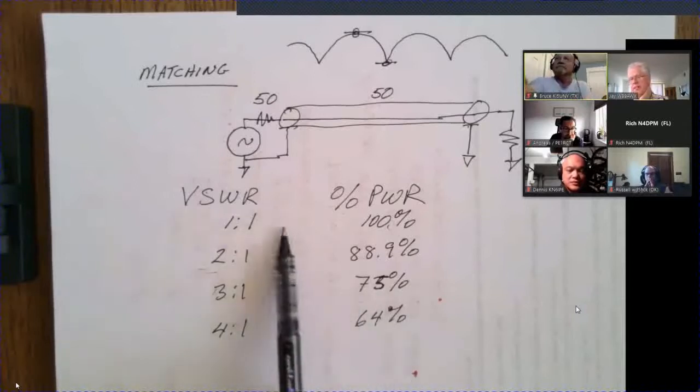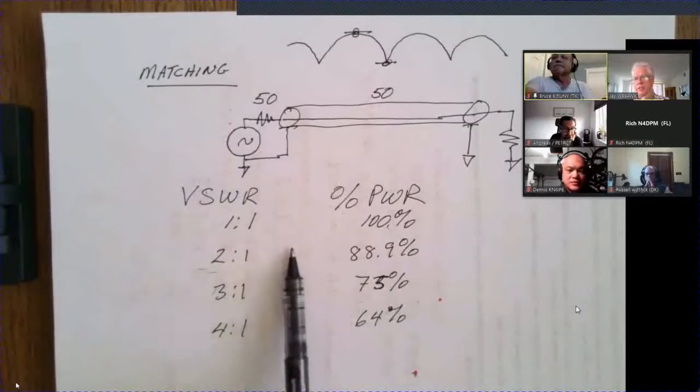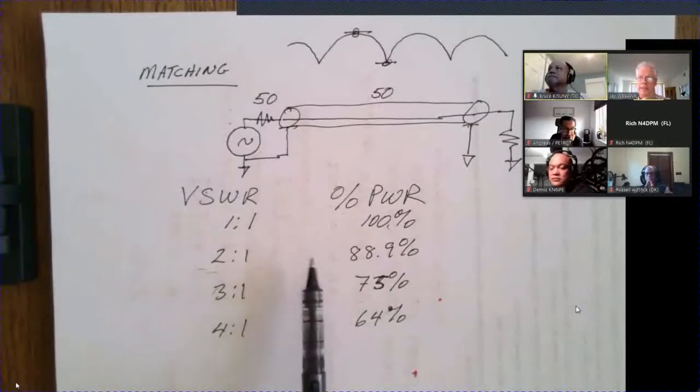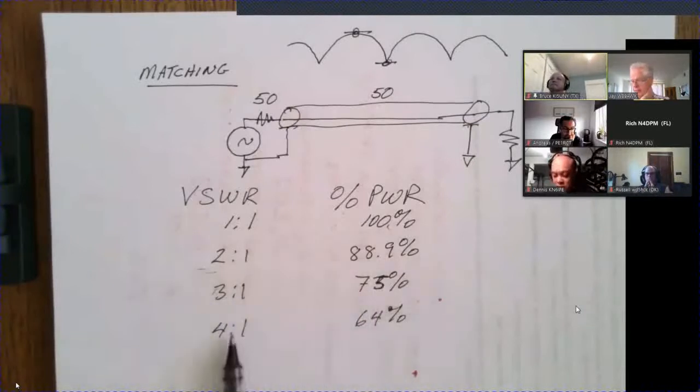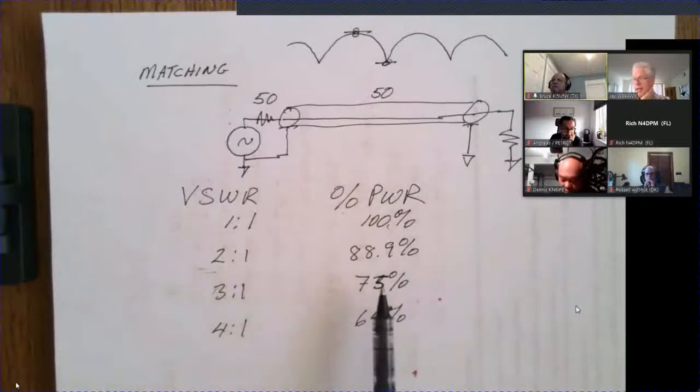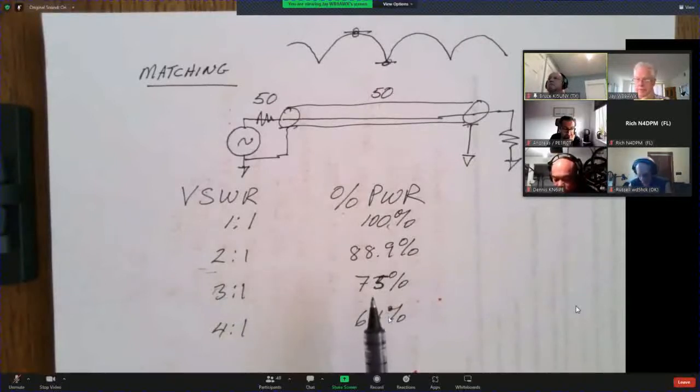Where this is important is in modern solid state transmitters. In the days of the old tube transmitters, you could get really bad matches and not be putting out as much power as you thought, and you were just warming up those tubes a little more, and tubes could take it to a point.